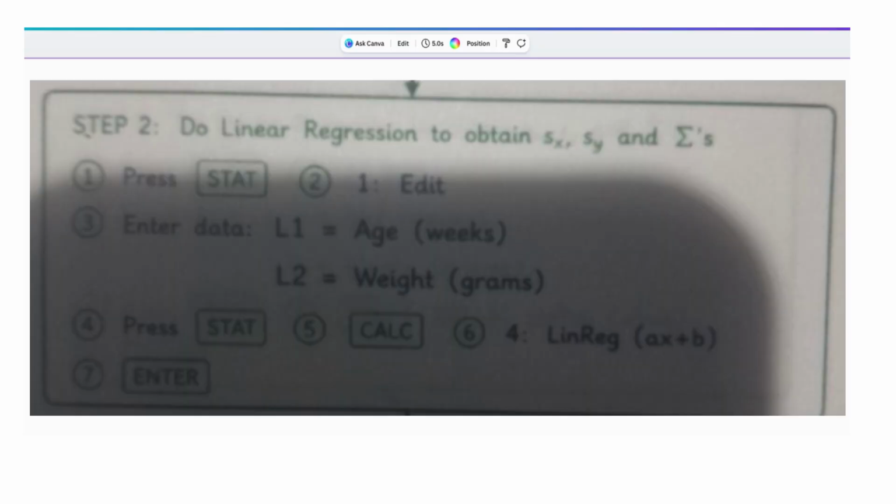Number 1, I want you to press stat. And then I want you to hit edit. Hold on a minute. It's showing 3 columns.